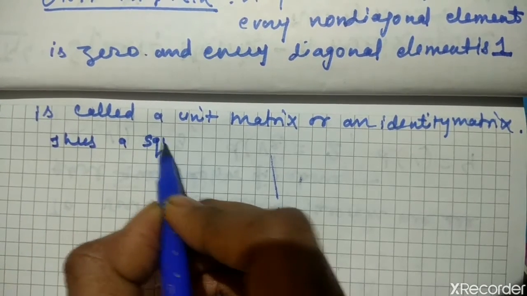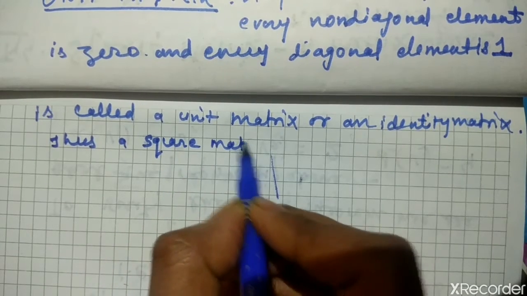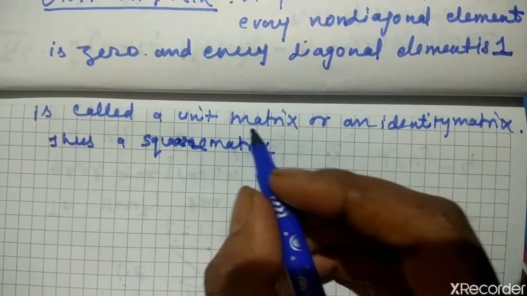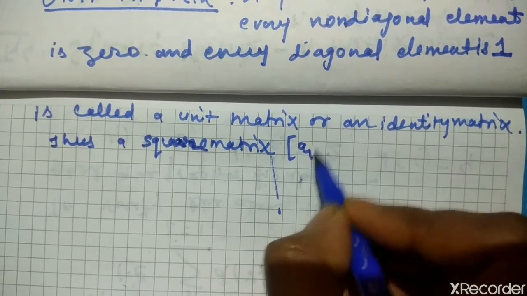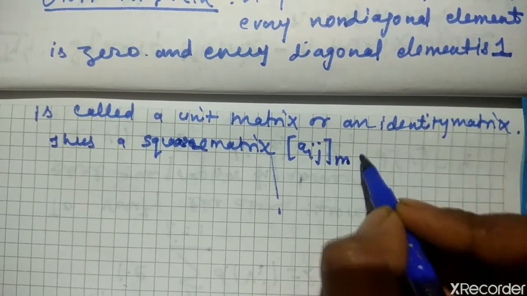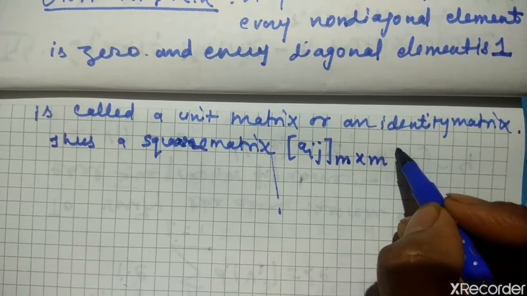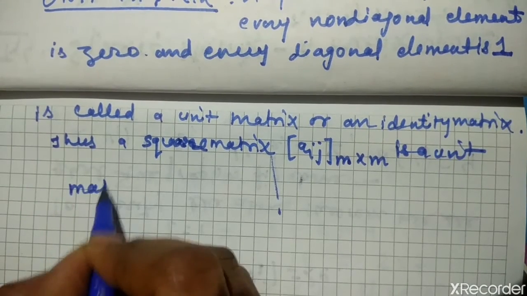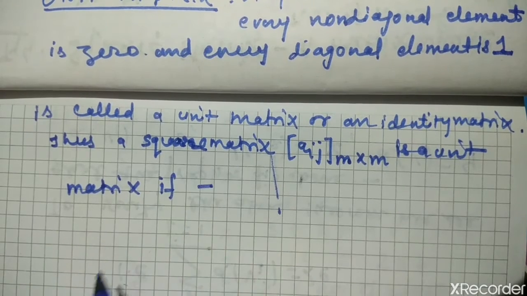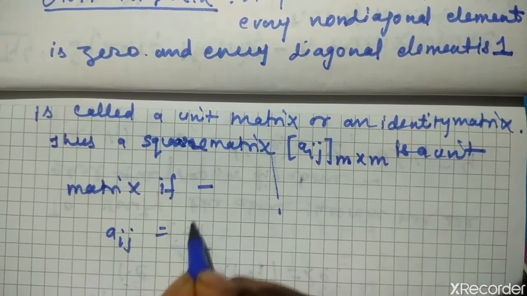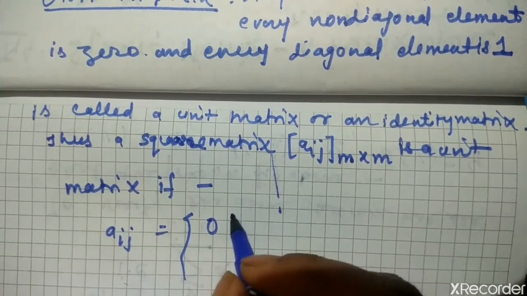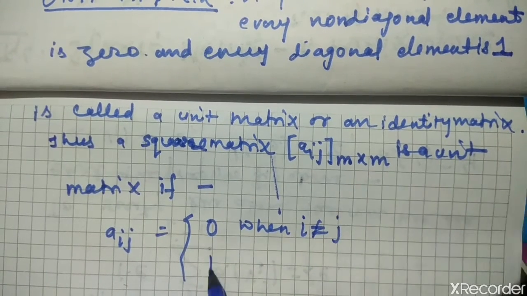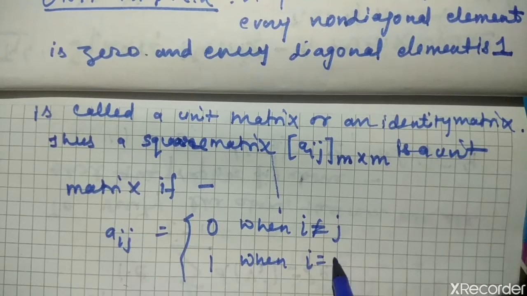Thus, a square matrix Aij of order M cross M is a unit matrix if Aij equals 0 when i not equals j and is 1 when i equals j.